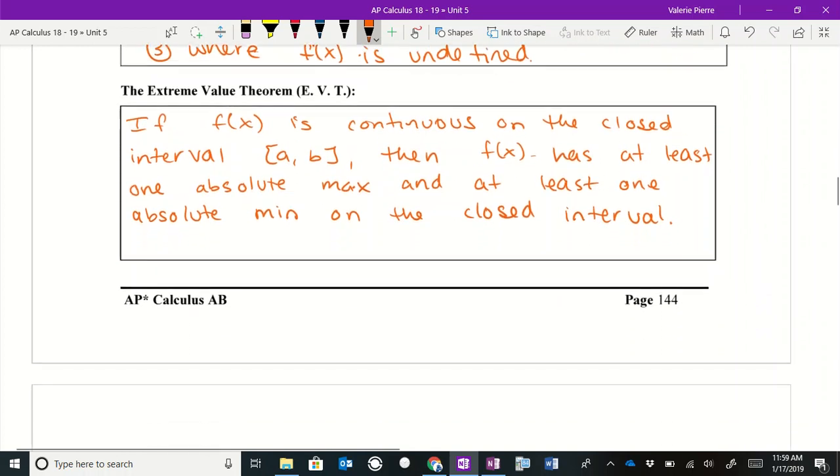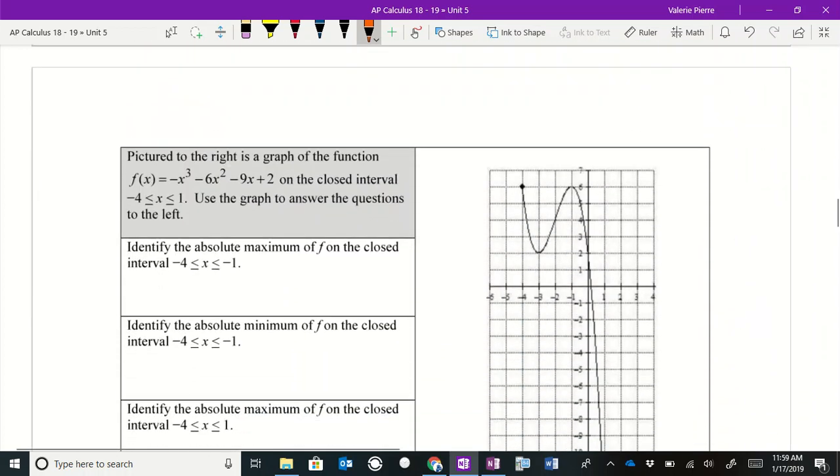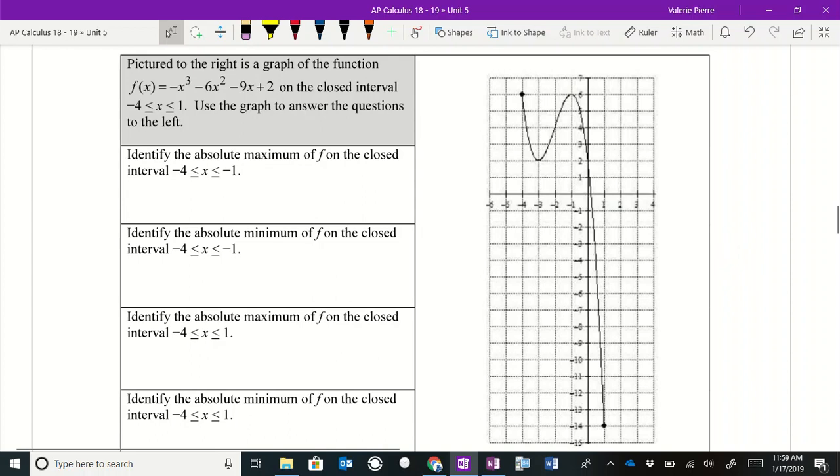So let's look at a problem together. To the right, we have a graph f of x equals -x cubed minus 6x squared minus 9x plus 2 on the closed interval from -4 to 1. We're going to use this graph to answer some questions. We want to know what the absolute maximum of f is on this closed interval.